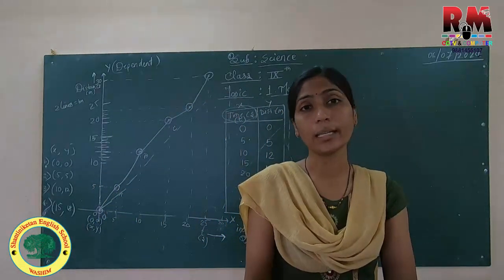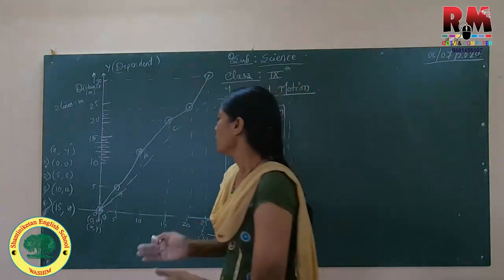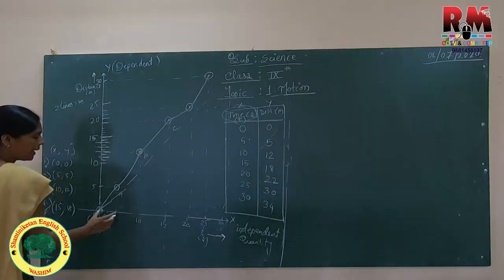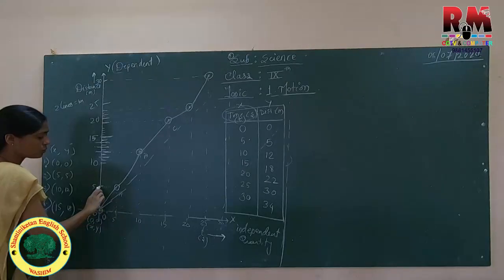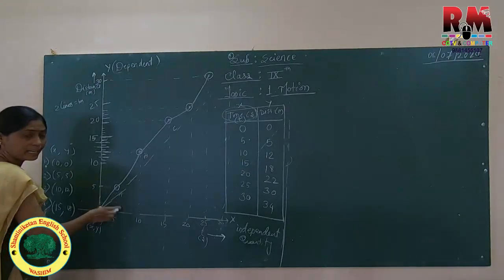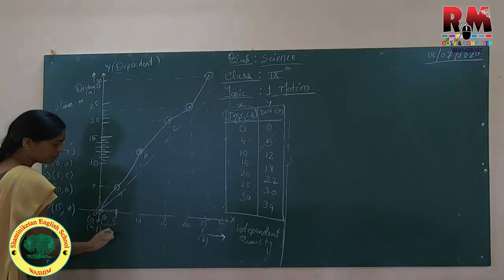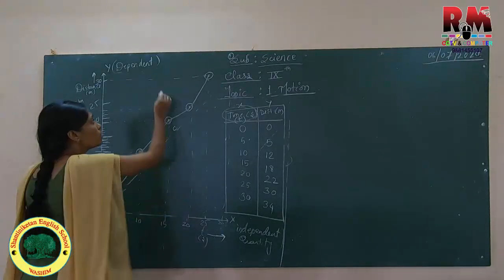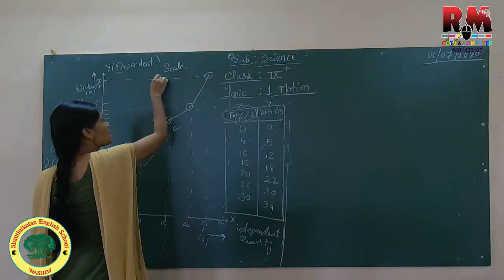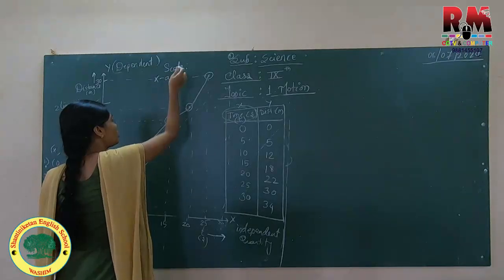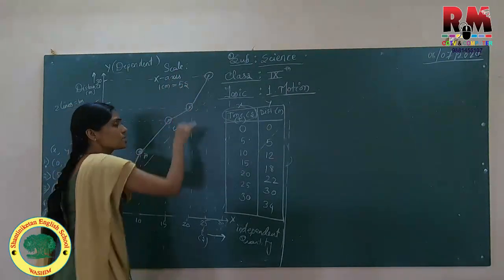You also have to write the scale. Okay, so here we are having 10 lines in one box, horizontally and vertically, and this particular one box is of 1 centimeter. Okay, so how to write the scale? Scale on x-axis: 1 centimeter is equal to 5 seconds.